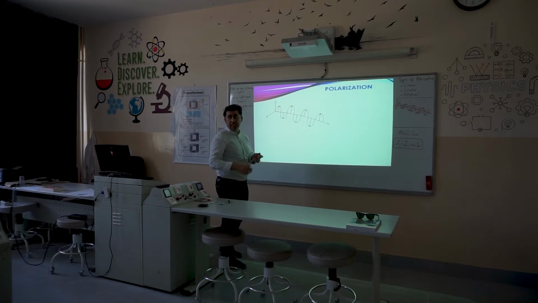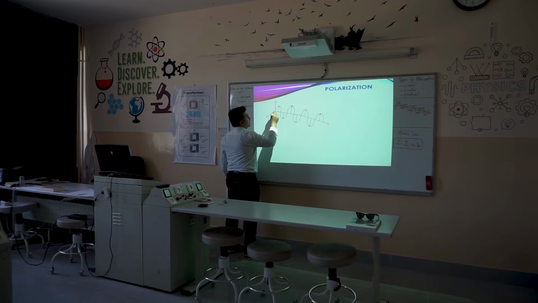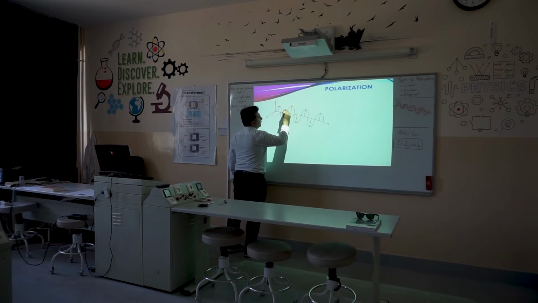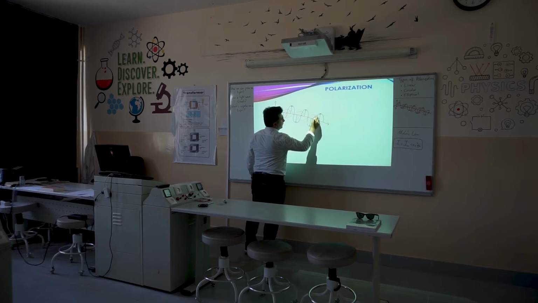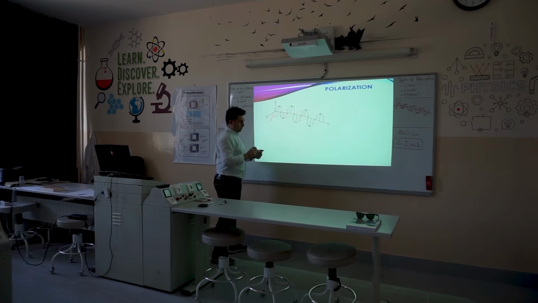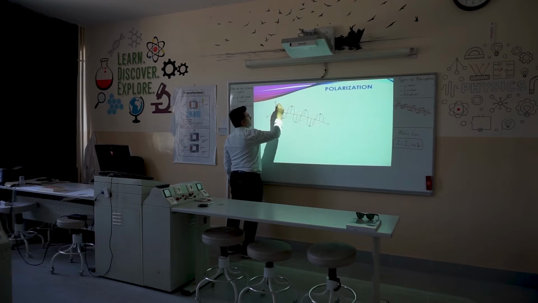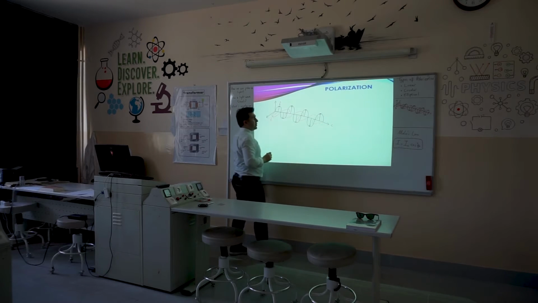I know that it's not an easy job to draw on a two-dimensional plane, but you can imagine that this one is three-dimensional. The black ones are the electric field and the red ones are the magnetic field. And this is the direction of propagation.